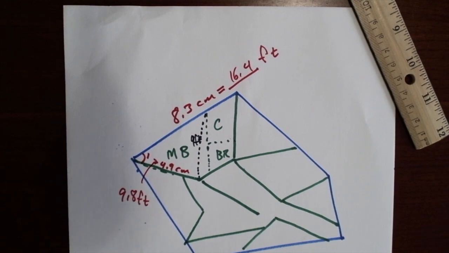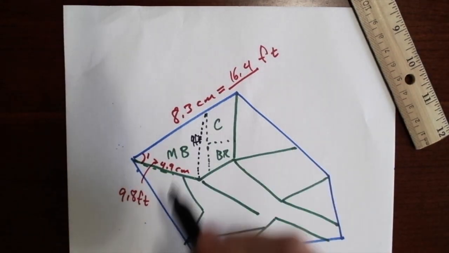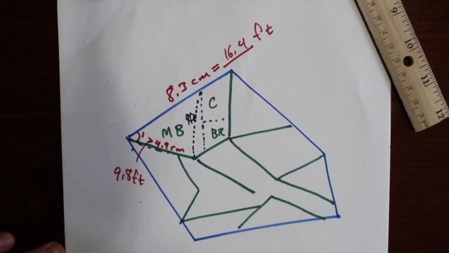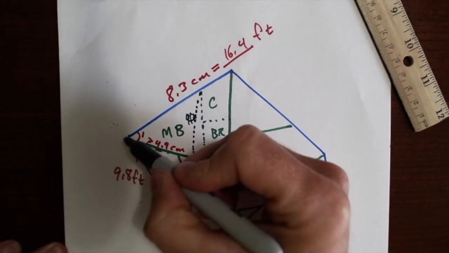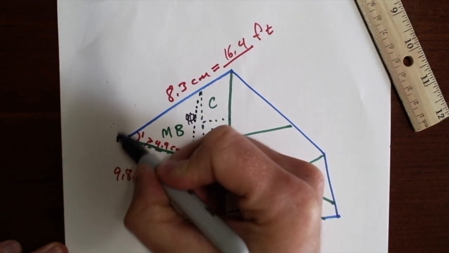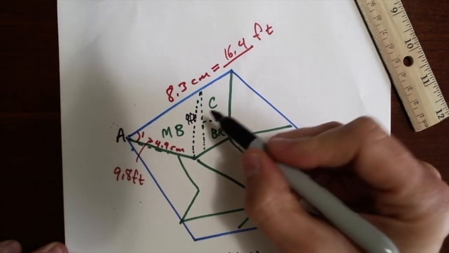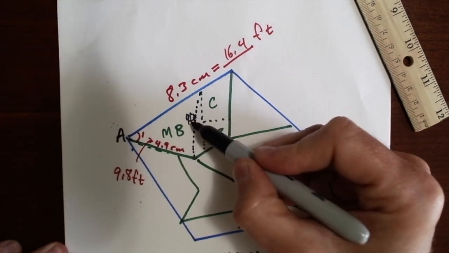Okay. Now that you have those measurements, you use law of cosines, which is a squared equals b squared plus c squared minus 2 times b times c times cosine of big A, where this right here would be big A, this angle 1 right here, and this side over here would be little a.